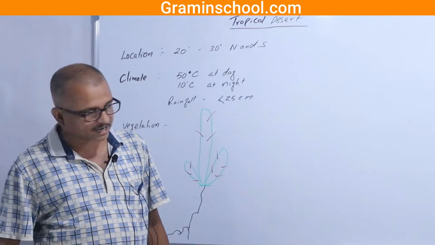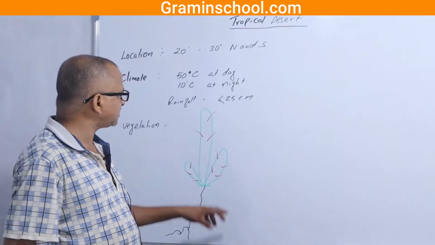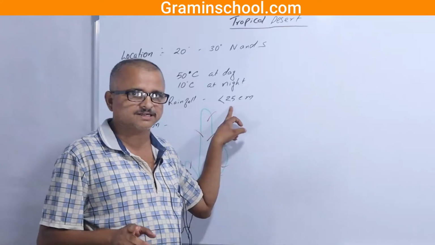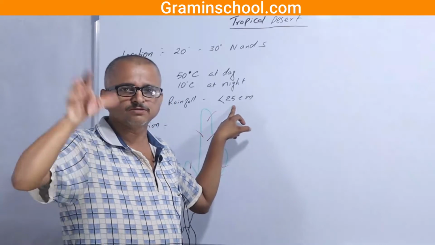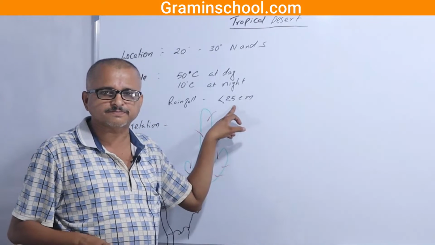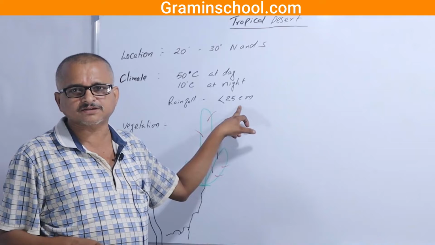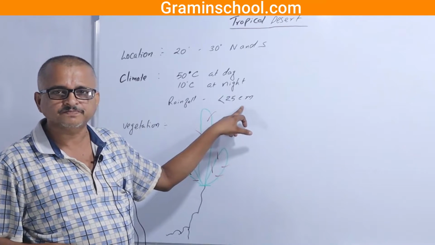If we see the climate, now what is a desert? A desert is a place where there is less than 25 centimeters of rainfall. This is the definition of desert. Don't say, sir, there is no water found. Who told you no water is found? If there is no water in the desert, then how is it known for the highest amounts of cultivation of citrus fruit?